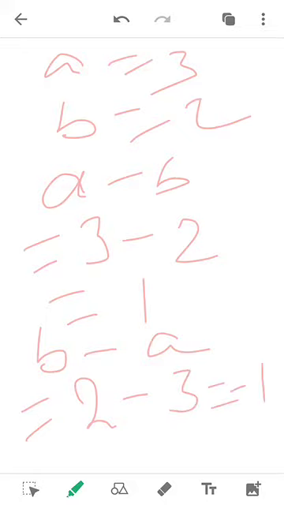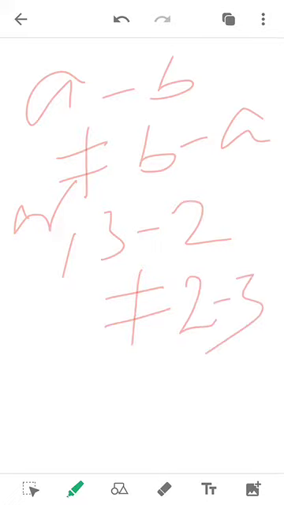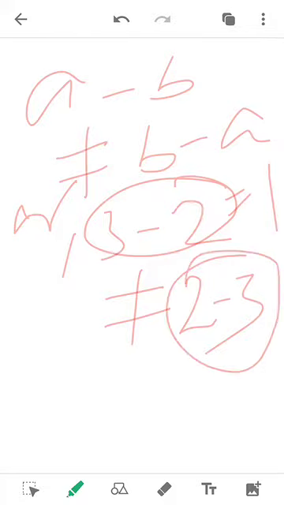We can see here a minus b is not equal to b minus a, or 3 minus 2 is not equal to 2 minus 3, because 3 minus 2 is equal to 1 and 2 minus 3 is equal to minus 1. It is not equal.